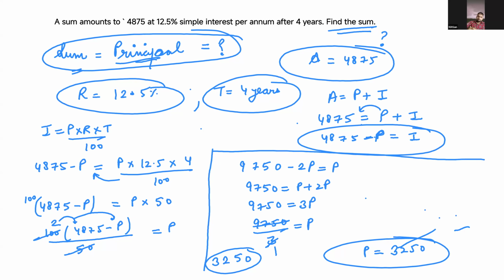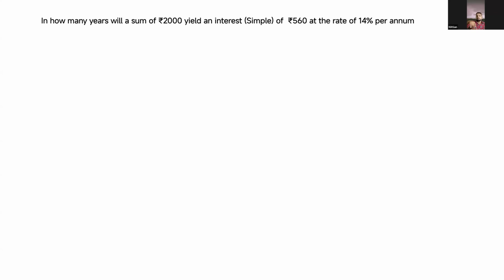Yes or no, done? Okay. Now you have to find the time and the rest is given. Now you can do it, I guess. So first of all, mention the things like principal is this, interest is this. Then you're able to find it out. Ezekiel, do it.